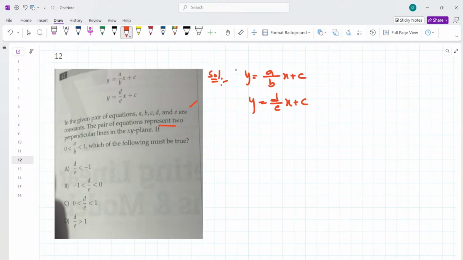These are the two perpendicular lines, okay? Perpendicular lines means obviously the product of their slopes is -1. If they mention 0 less than a by b less than 1, which means a by b value is greater than 0 and a by b value is less than 1, which means we can write a by b value is lying from 0 to 1.